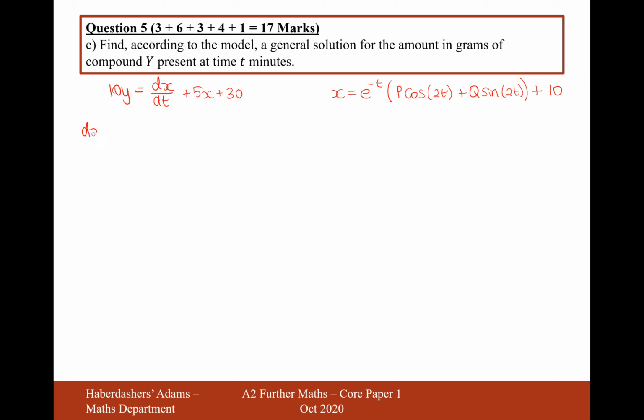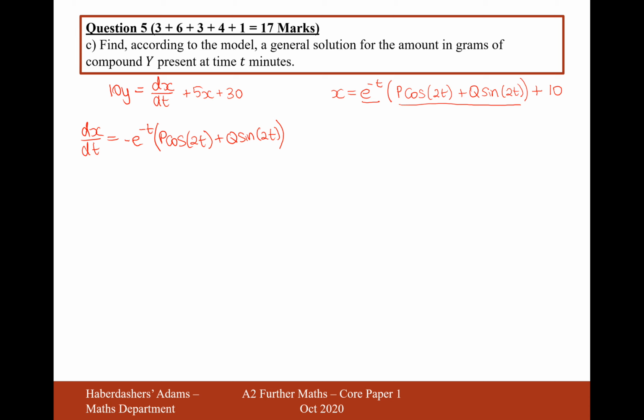So dx by dt is going to equal, and the first thing I need to do is identify that this is the product rule. It's going to be this bit times this bit. I'll simplify it in a little bit, but it will be the product rule. So differentiate the first thing first, minus e to the minus t, and keep this whole bracket the same, p cos 2t plus q sine 2t.